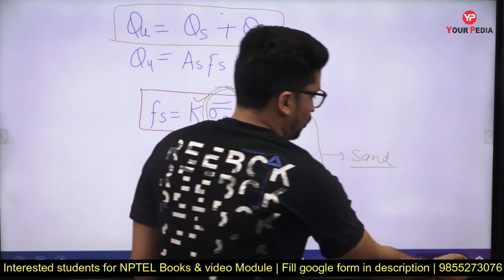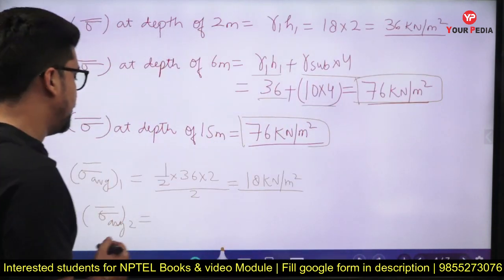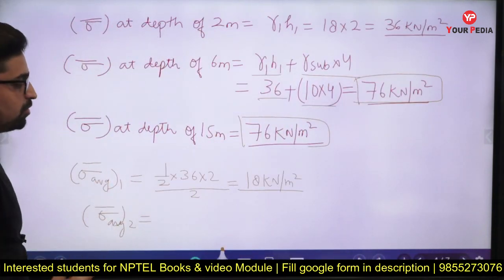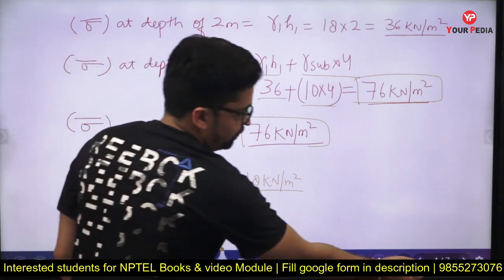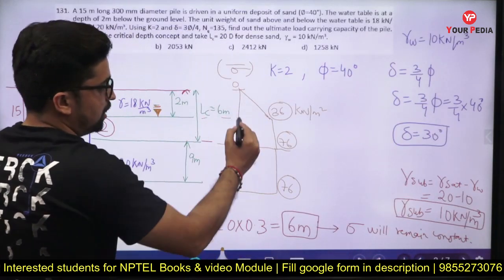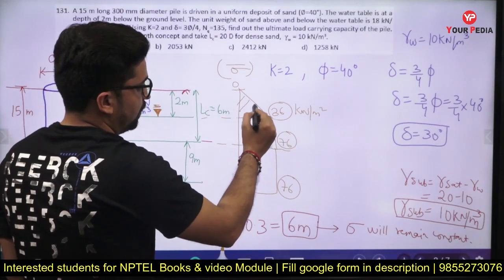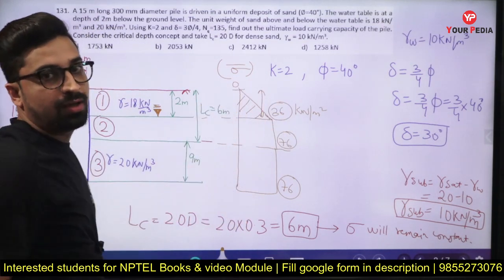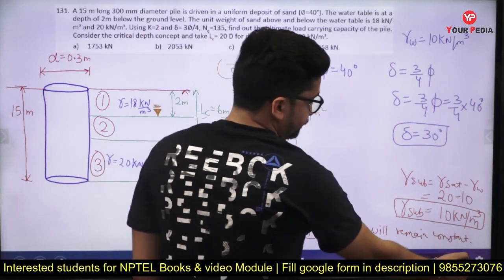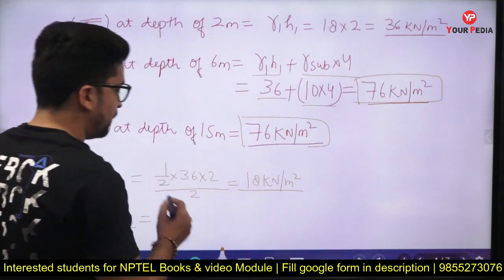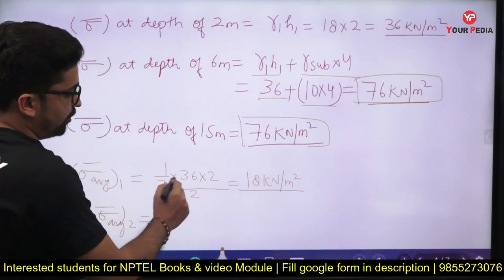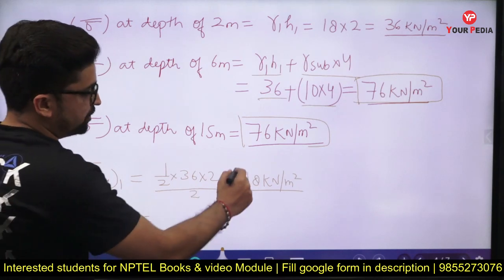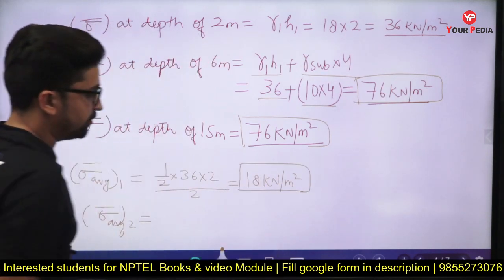For region 1, sigma bar average 1 will be equal to the area of that triangle divided by the 2 meter length, correct? So sigma bar average 1 will equal half into 36 into 2 divided by 2, which is 18 kilonewton per meter square.